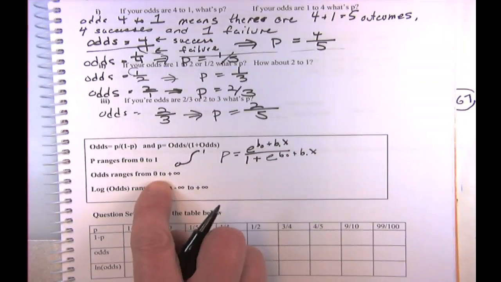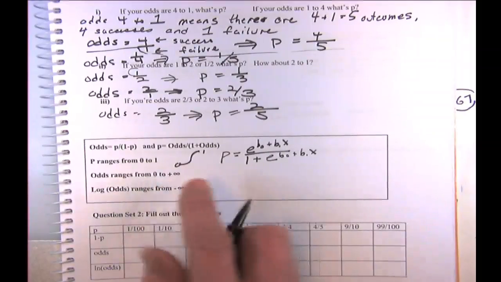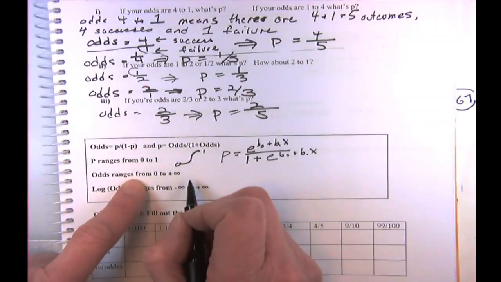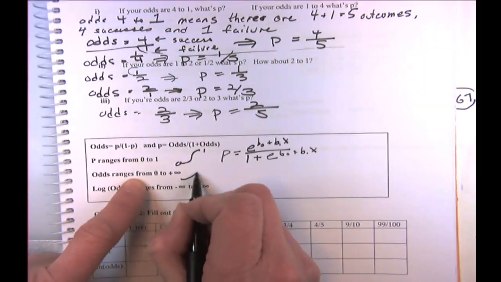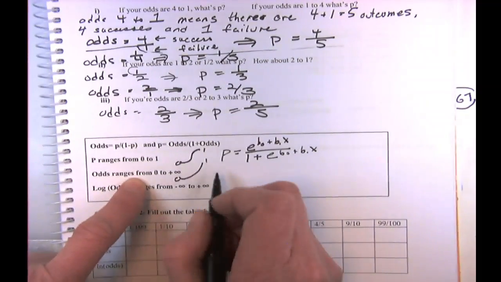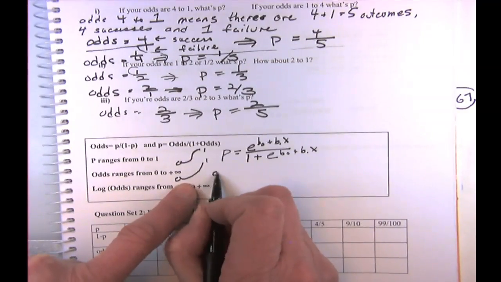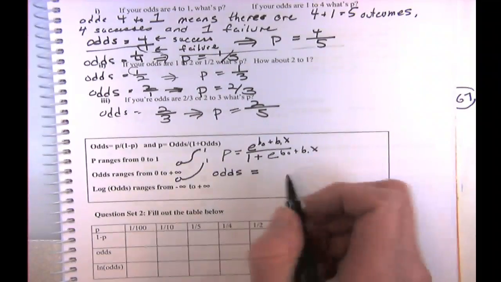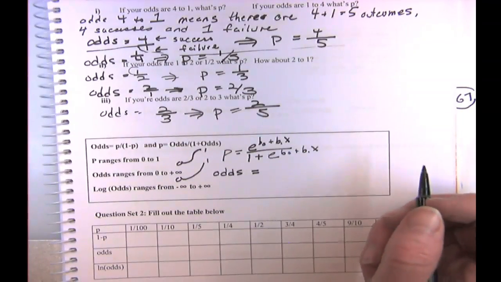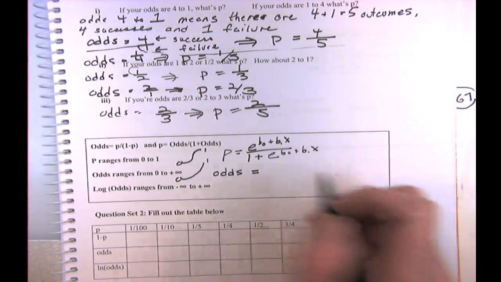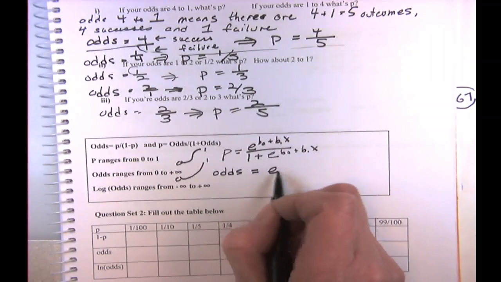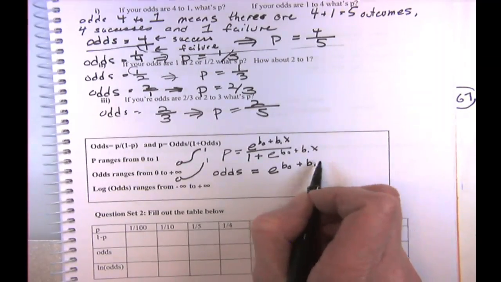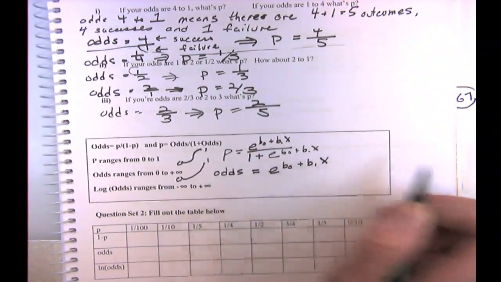Then our odds range from 0 up, on this exponential curve, and our odds are equal to e to the beta naught plus beta 1x.